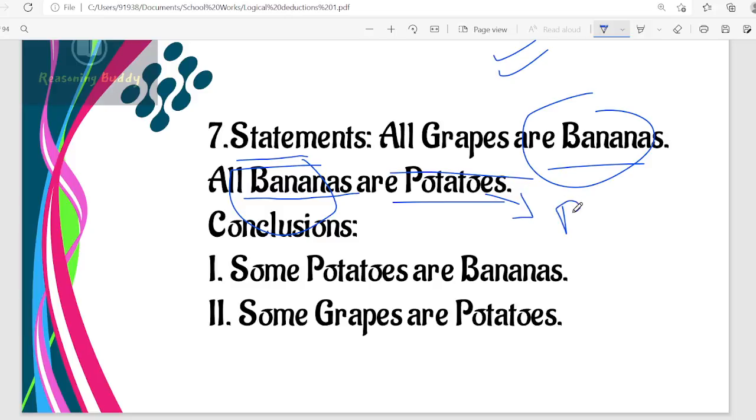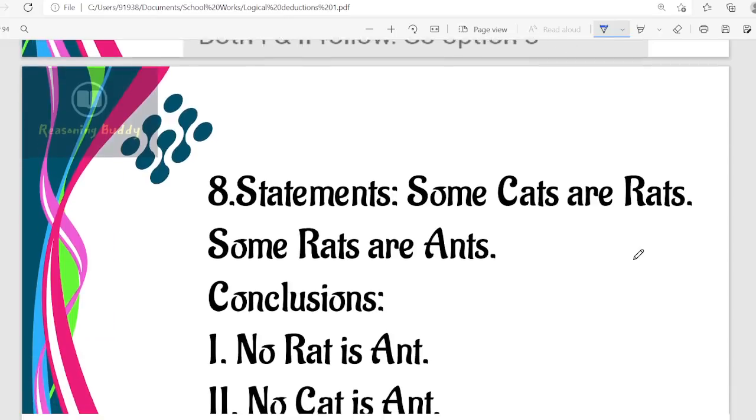Potato is the non-distributed term. So potato should be in the answer, and here potatoes are there. Here, if you apply all the rules and the two conclusions are not eliminated, both are correct. Next.